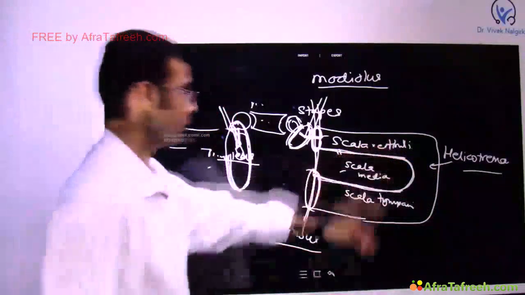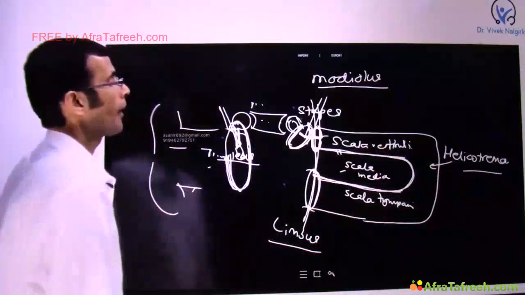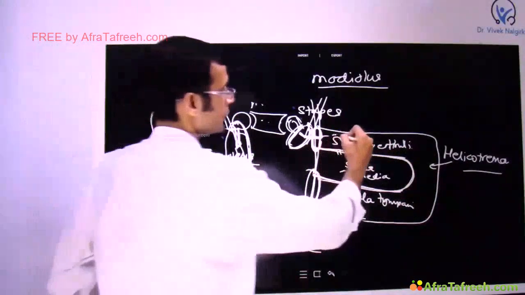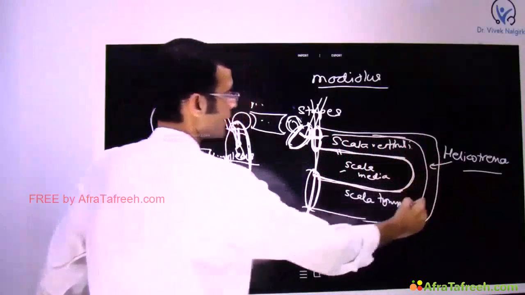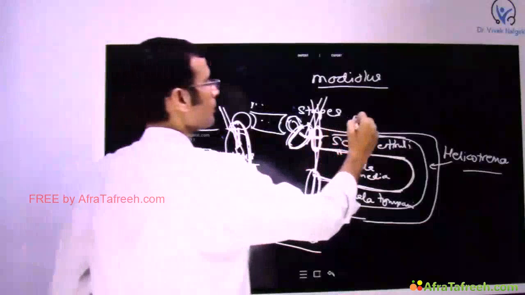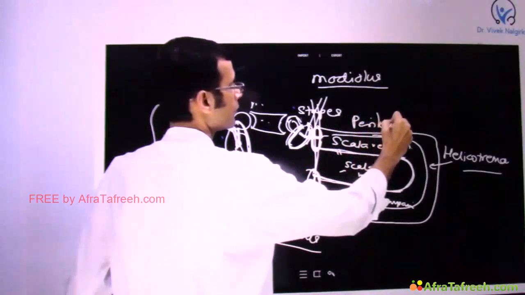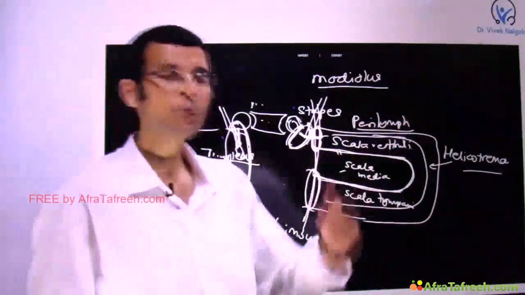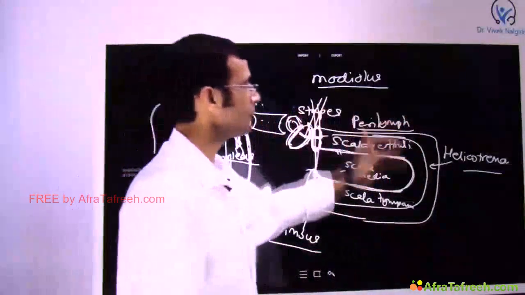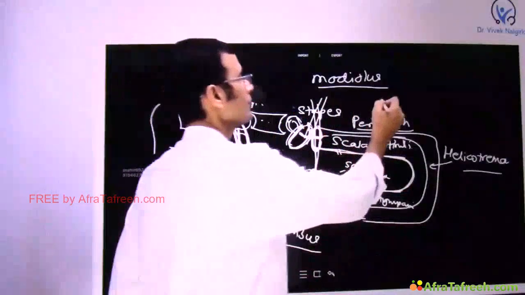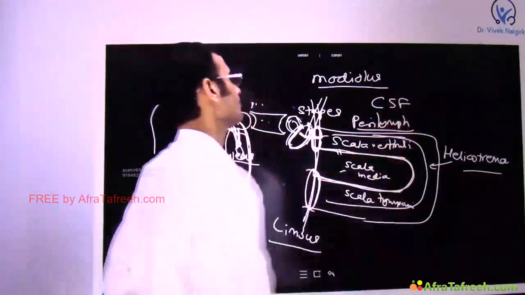That's called the helicotrema. This entire chamber, scala vestibuli and tympani, is filled with a fluid called perilymph, and due to its connection with the subarachnoid space, it has a composition which is very similar to the CSF.